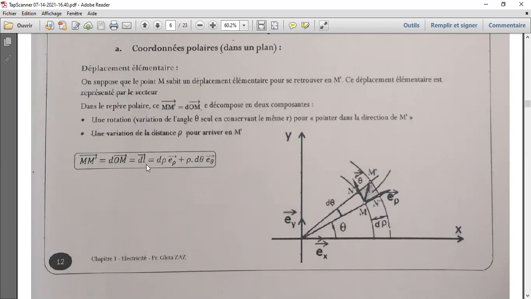So this is the formula, rho times d theta. When it reaches here, it has to make another movement. What movement is it now? It's the movement of moving out of the circle. This is the formula for the point M to move to the point N.